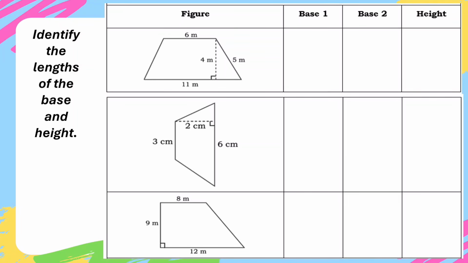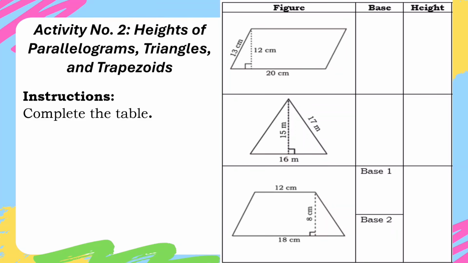Now, students, identify the lengths of the base and height. Now, our activity number 2 is about heights of parallelograms, triangles, and trapezoids. Now, students, complete the table.